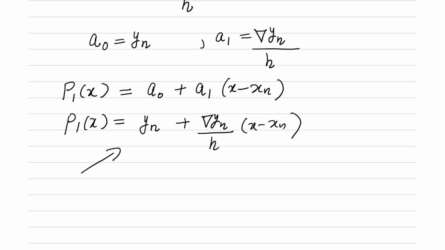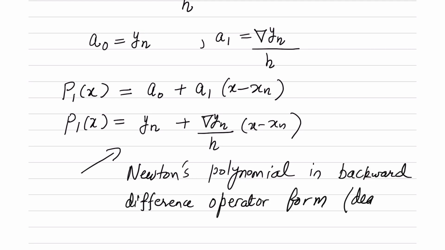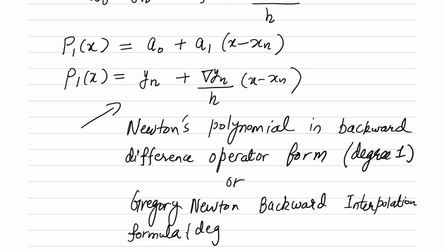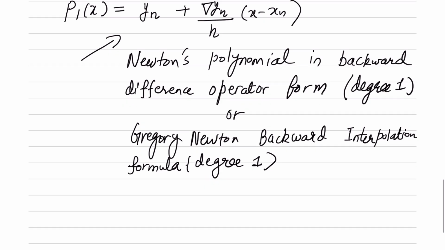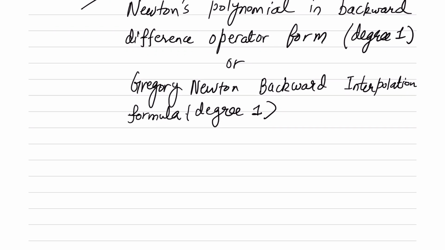So this is Newton's polynomial in backward difference operator form. It is of degree 1 and it is also called the Gregory-Newton backward interpolation formula.